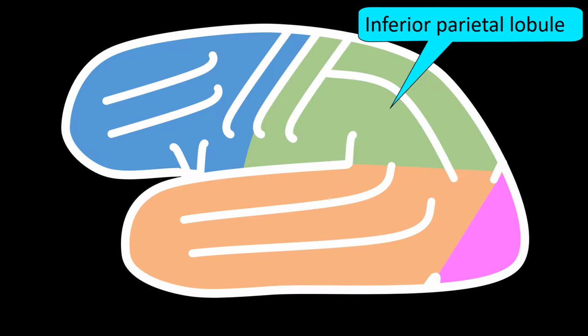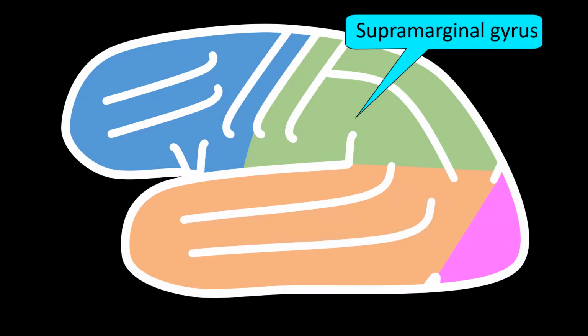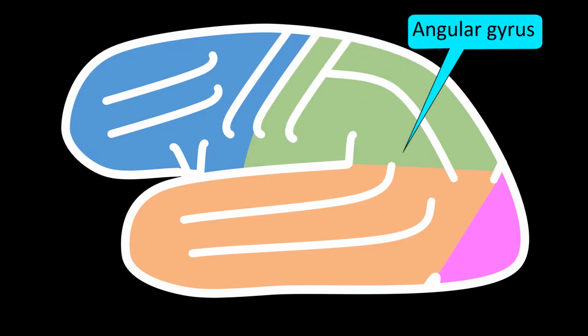The inferior parietal lobule is divided by the posterior ramus of the lateral sulcus. Crowning the posterior ramus of the lateral sulcus is the supramarginal gyrus. Behind it, we find the angular gyrus.